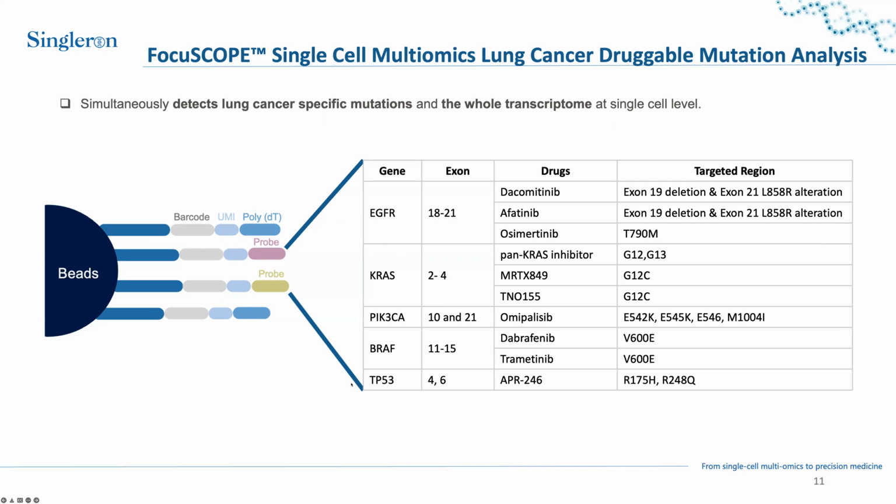With this kit, you can target the majority of important lung cancer mutations. For example, here you can see the gene TP53, which is really important and involved in regulating cell growth and cell division by monitoring DNA damage and repair.